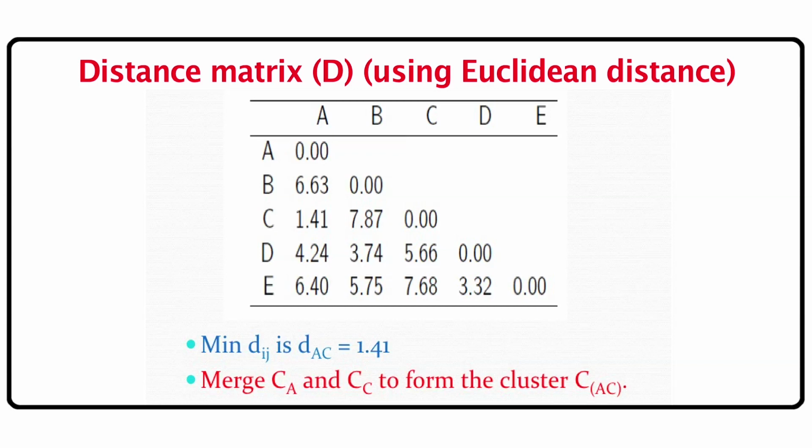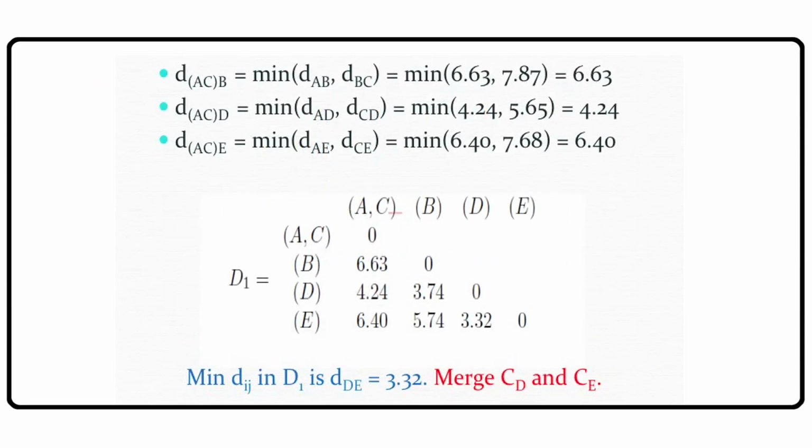Hence we merge these two clusters, CA and CC, to form a cluster CAC, which consists of 2 elements, AC now. So instead of 5 clusters, now we have 4 clusters. One is AC, the second is B, the third is D, and the fourth is E. Again, we find the distance between each of these clusters, and now we use the single linkage method.